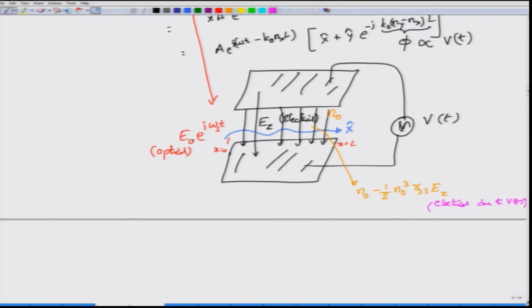This electric field, generated because of the applied voltage V of t, will affect the refractive index.